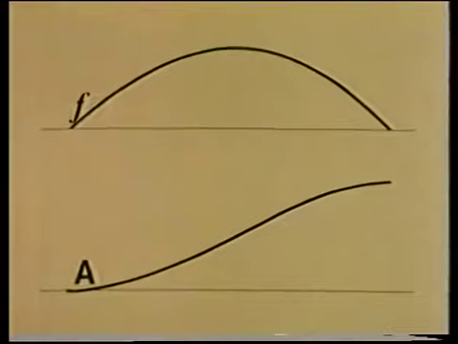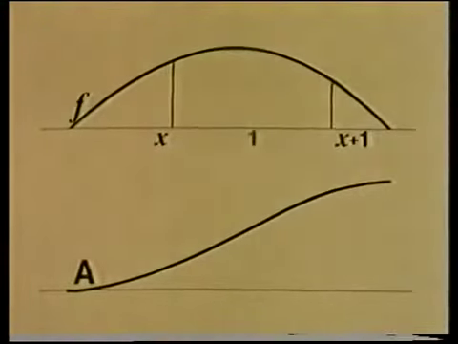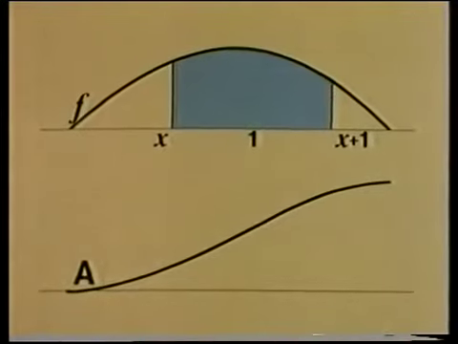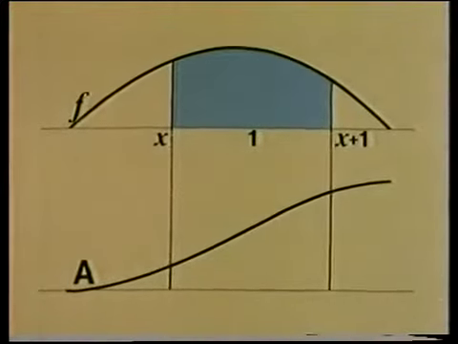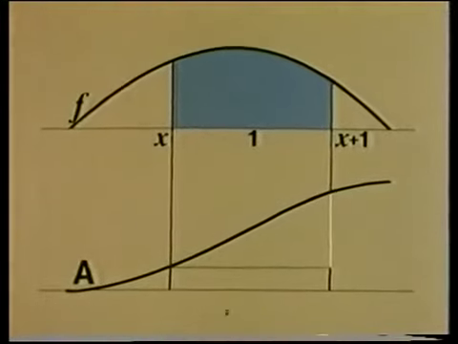Suppose we take the area under the curve, f, from the point x to the point x plus 1. We know that this corresponds to the difference in function values of an area so far function at the point x and at the point x plus 1. That's this value.